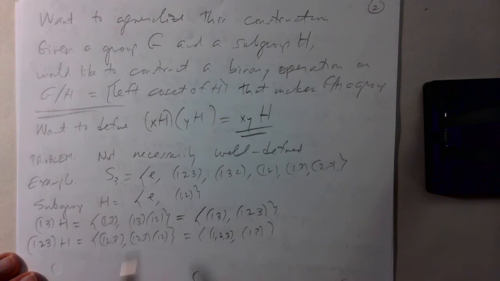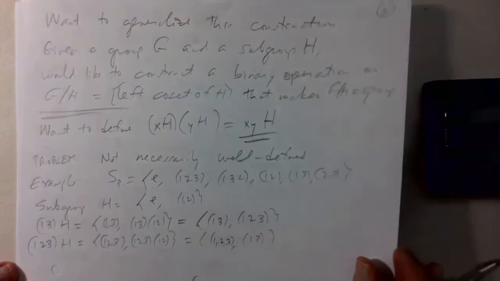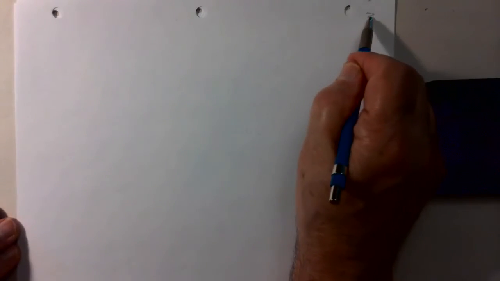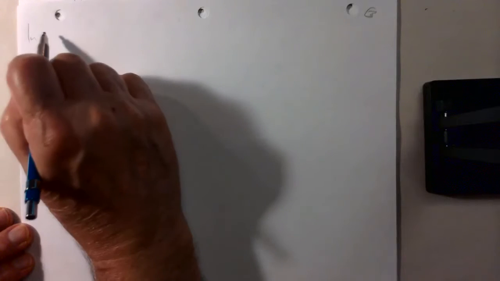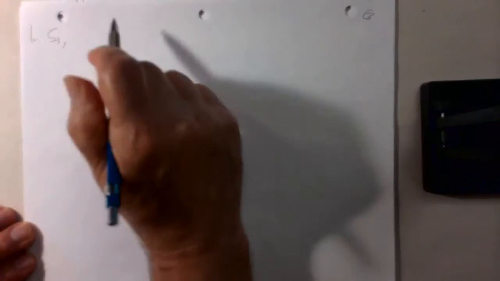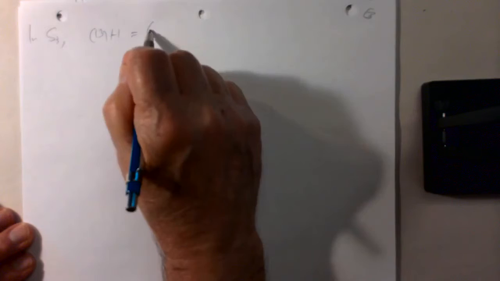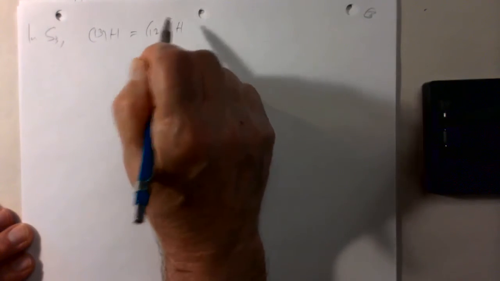So these are equal. In the symmetric group S3, the coset (1 3)H is equal to the coset (1 2 3) times H.